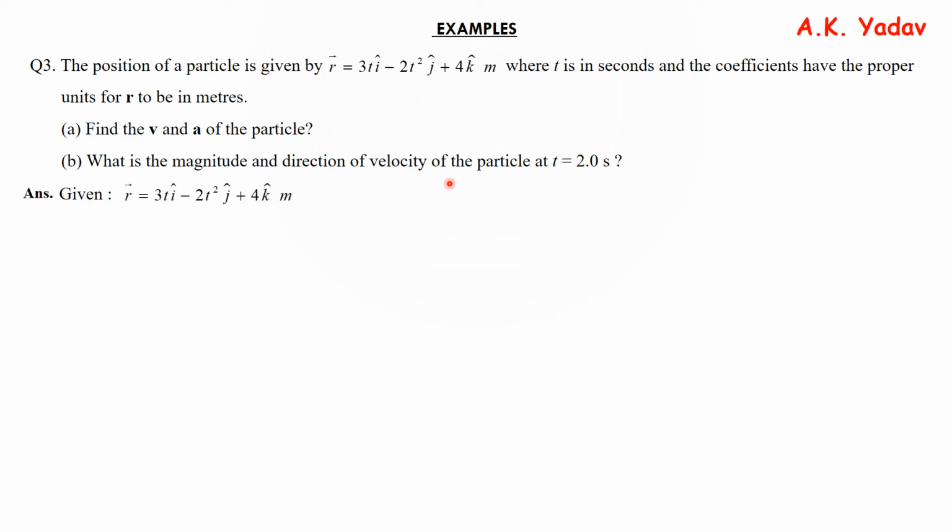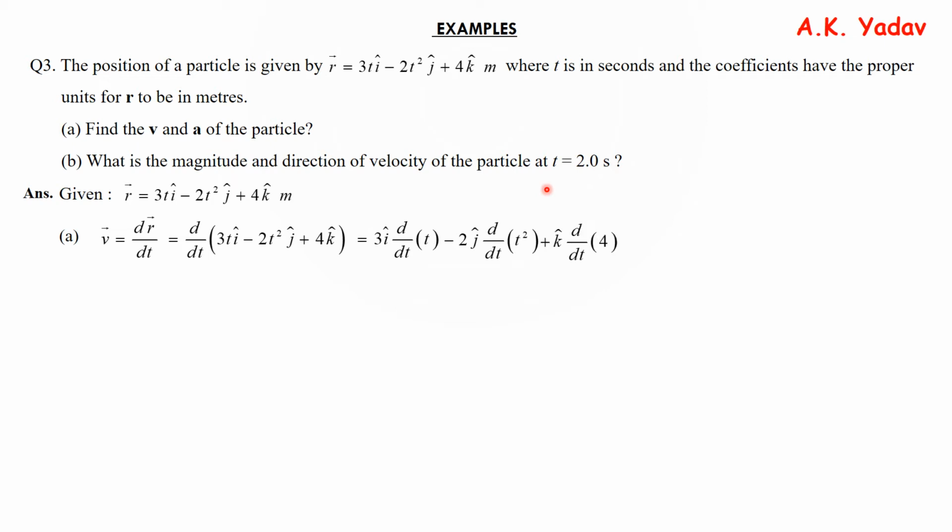So what is given? r is equal to 3t i minus 2t square j plus 4k. Now velocity v equal to dr by dt, that is d by dt of 3t i minus 2t square j plus 4k. Now 3i comes out because it's constant. d by dt of t, minus 2j d by dt of t square, plus k d by dt of 4.